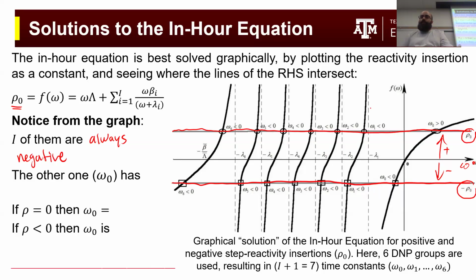And also remember this horizontal axis is the omega axis. So this would be the omega value where I'm crossing this line, where I'm crossing through the reactivity insertion. Each of these corresponds to a location on the graph, and that would be each corresponding omega value. And these horizontal asymptotes correspond to the decay constants for each group.